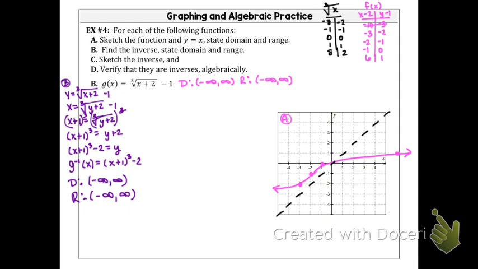All right, so when I go to graph the inverse, I put g of x up here. F of x, it should have been g of x. I apologize. I'm just going to switch my x and y's.